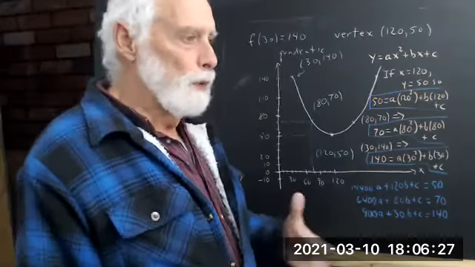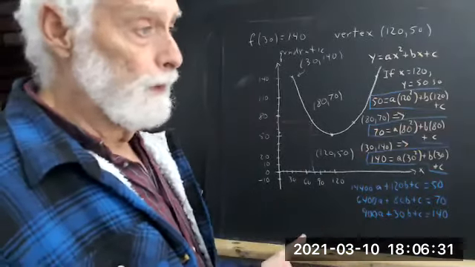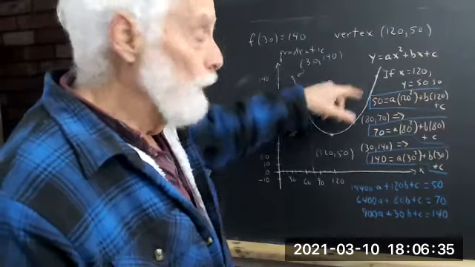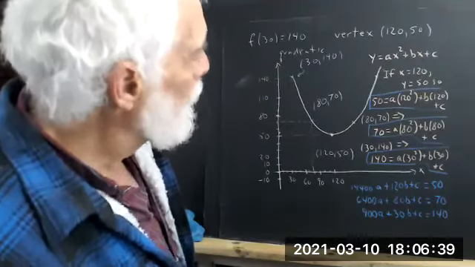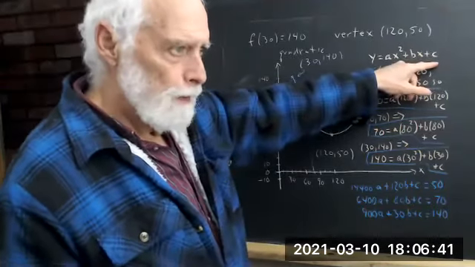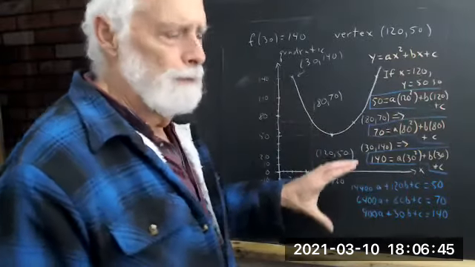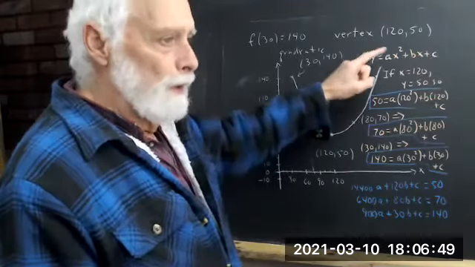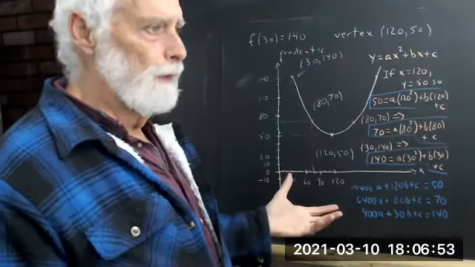Those principles work with any of our basic functions or any other function you draw the shape of. As long as you have the correct shape of a parabola, the function that you get here, if you've done everything else reasonably accurately, should then have a vertex somewhere close to 120, 50.